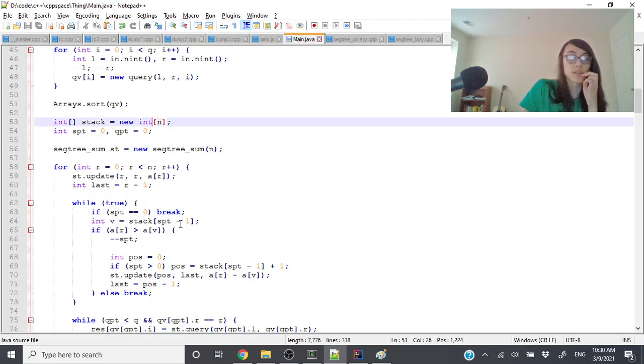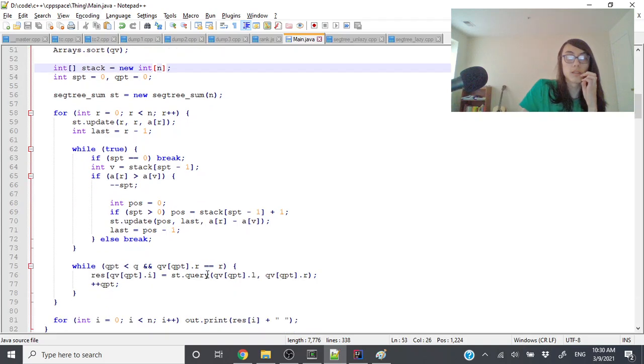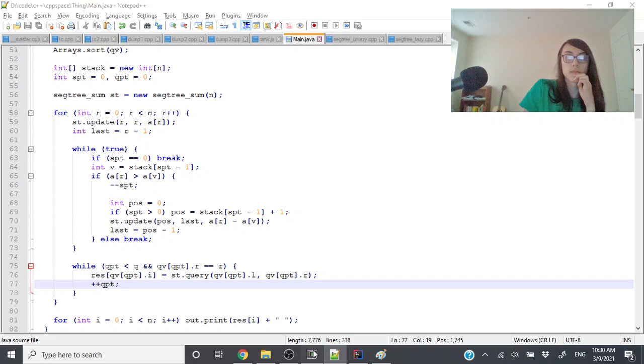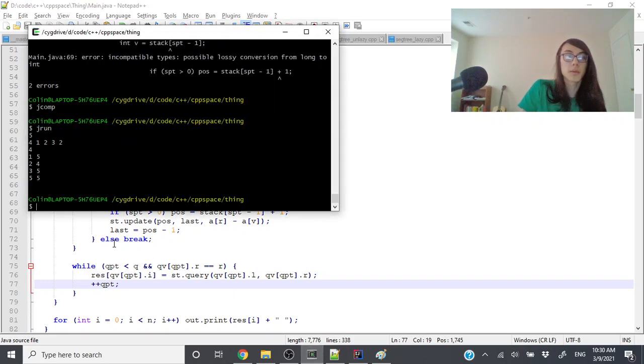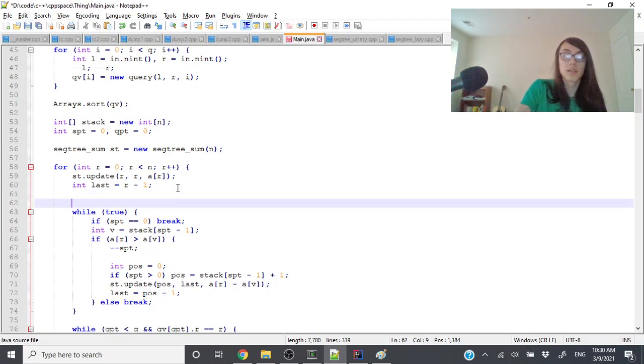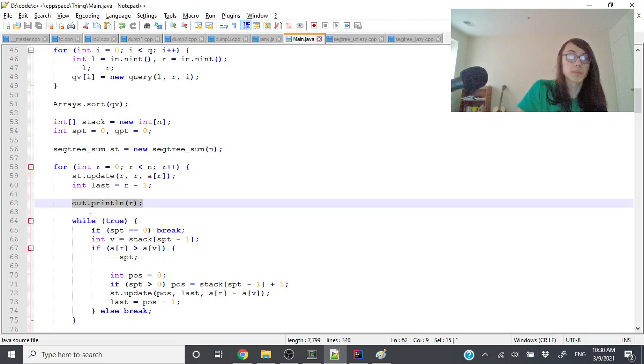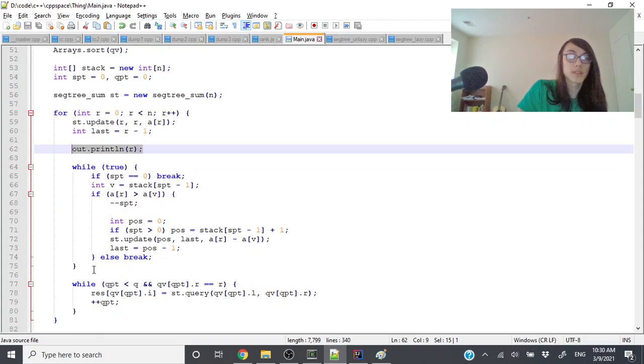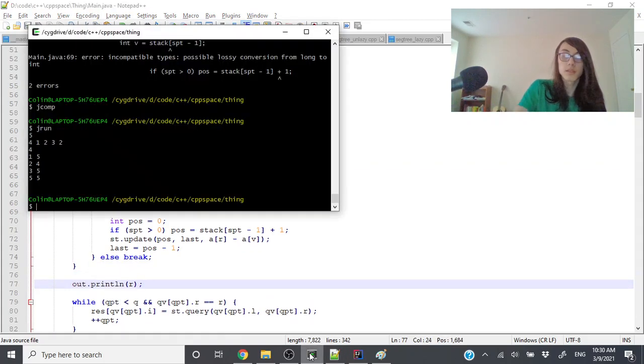S point is 0. Where am I breaking? Out.println. I have a feeling it's on the first loop, but who knows?